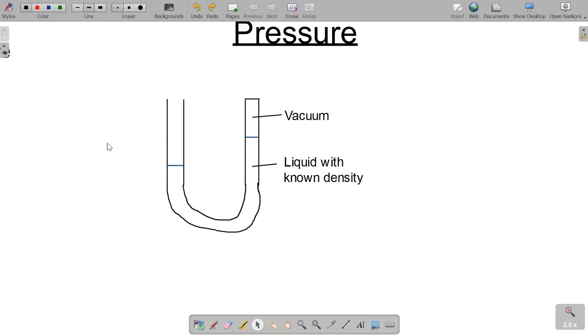So on the other side will be basically gas or liquid.